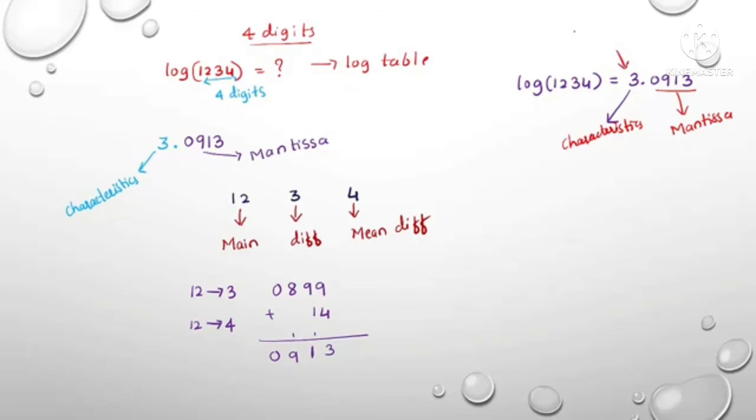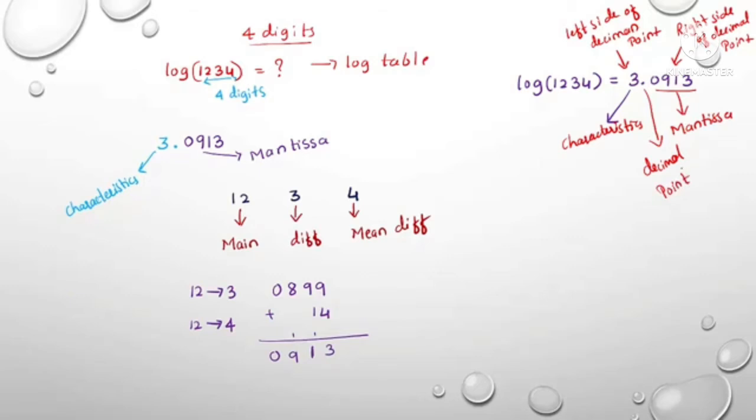Characteristic is always on the left side of the decimal point and mantissa is always on the right side of the decimal point. And this point is the decimal point.